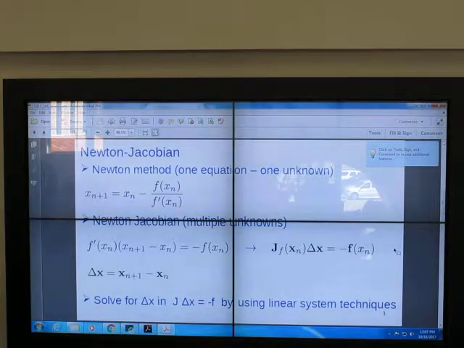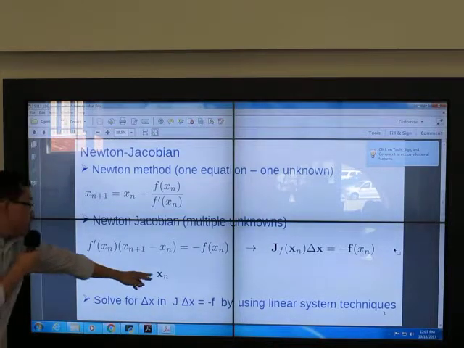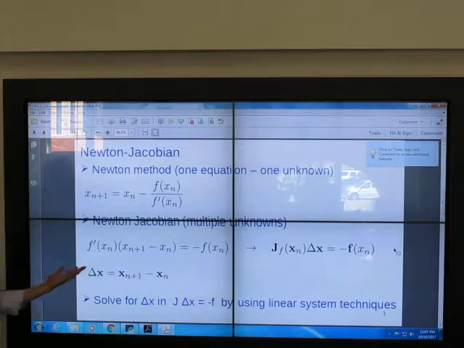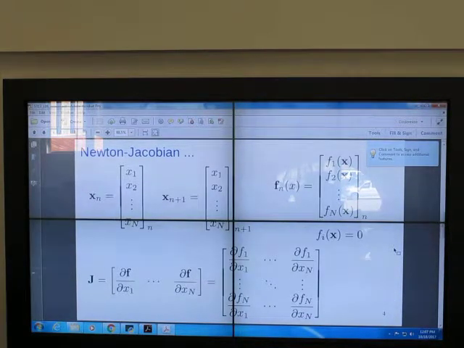So we start from initial value, which is x0. From x0 we can get x1. How do I get x1? When I have x0, I have to calculate Jacobian matrix. How does it look like, Jacobian matrix? Ta-da! X, F, x1, 2, 3, 4, 5, till n.